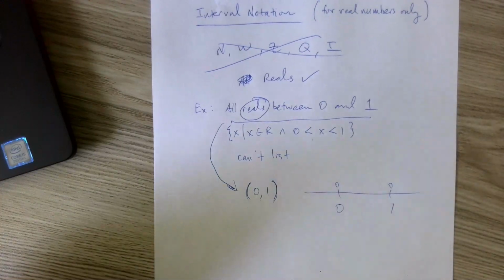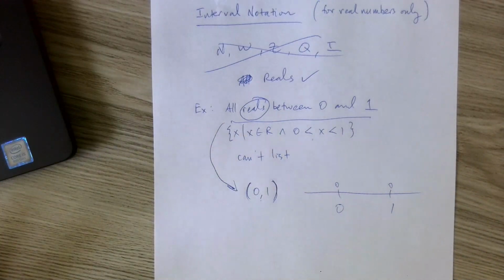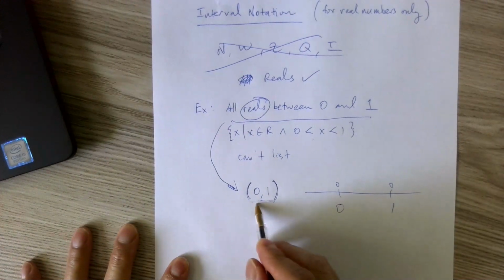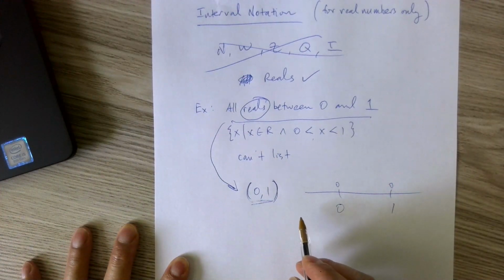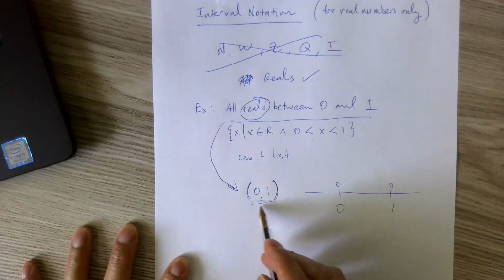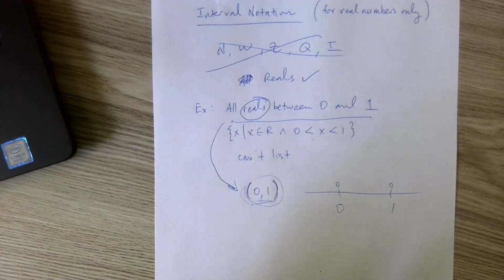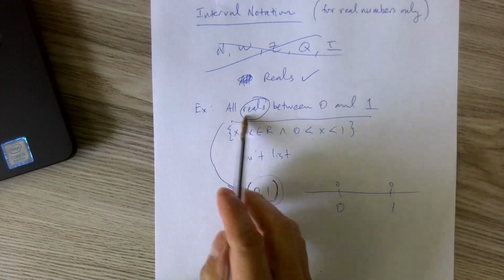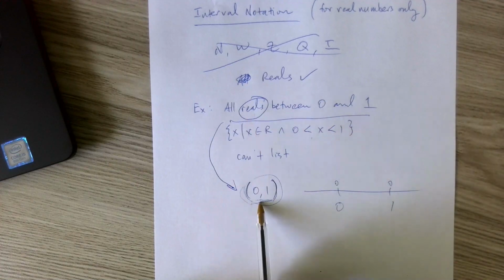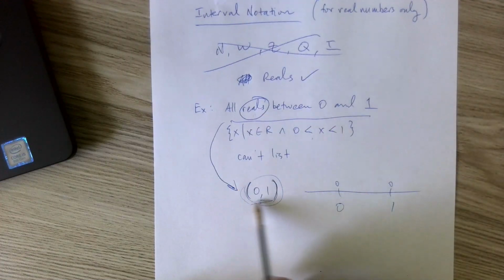It includes naturals, wholes, integers, rationals, and even irrationals. So it's perfectly fine to have this very simplified notation, because it's understood, since this is only used for reals, that we are including everything between 0 and 1.